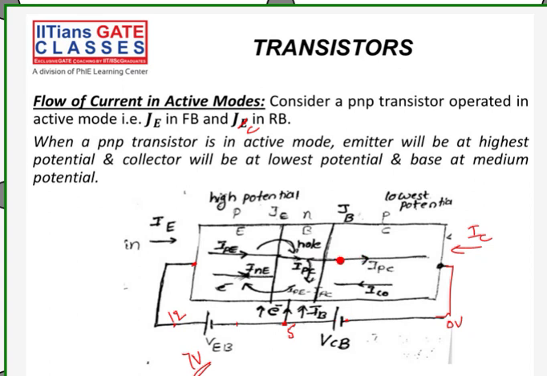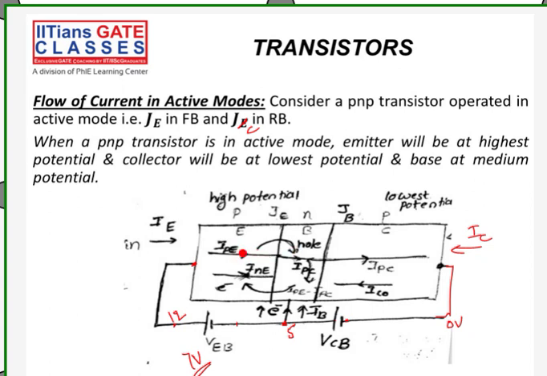So here I can show you, IPE is the current due to the holes coming from emitter to base to collector. So that is IPE, the total charge carriers which are diffused into the base region.